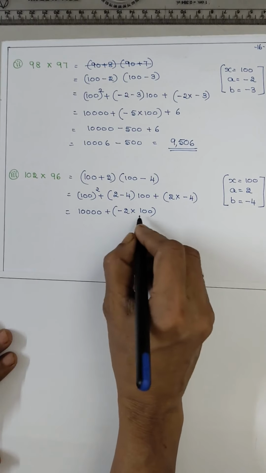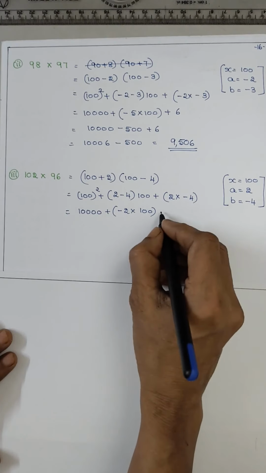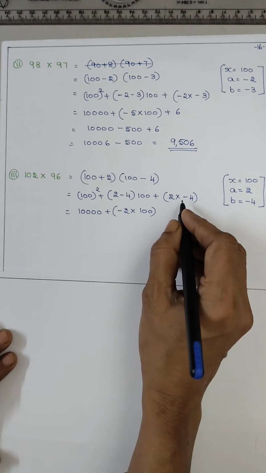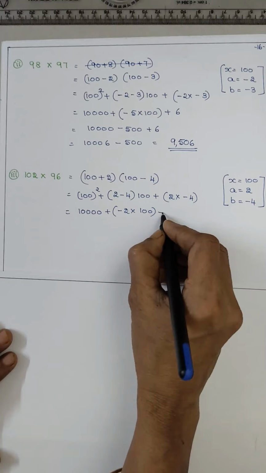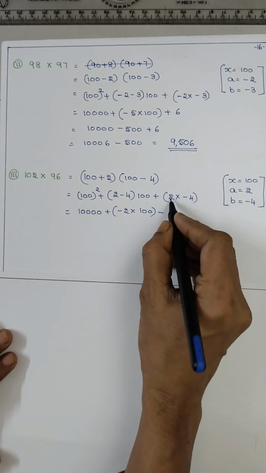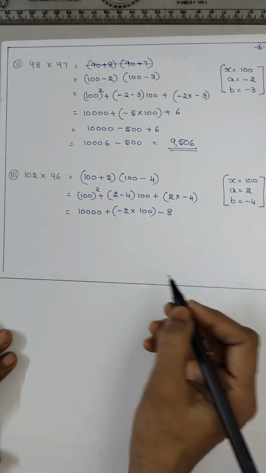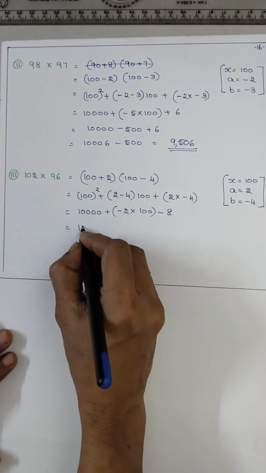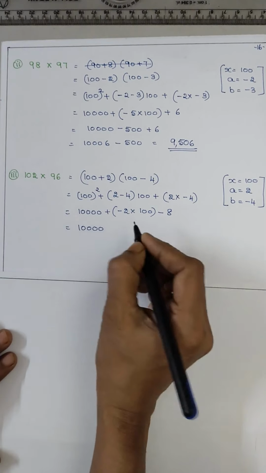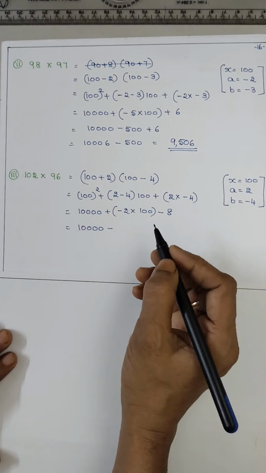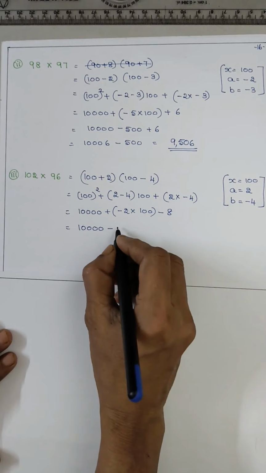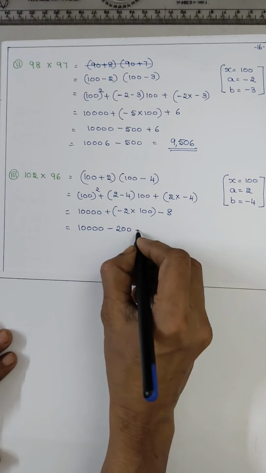Here an extra bracket is necessary. Now how much will come? It is a minus, different signs, isn't it? Minus 2 4s are 8. Now 10,000, minus plus means minus, in multiplication 200, 200 minus 8.